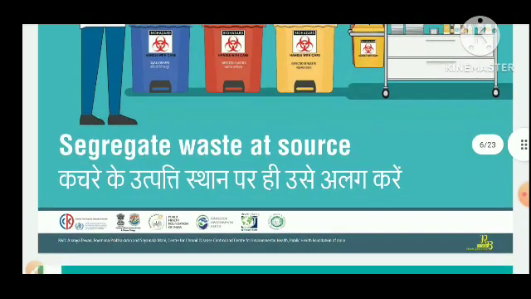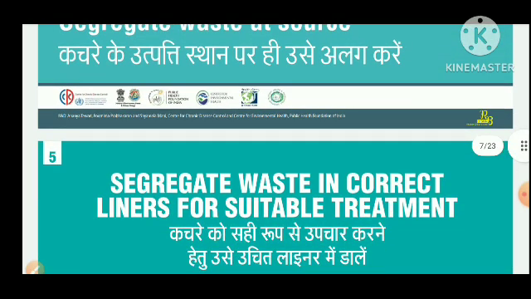Actually, segregation is difficult nowadays because many people involved in the medical sector are not very aware of these things. So it is very important that the designated waste is collected and stored only in the proper designated colored bin. Segregating waste at source is a very important point.